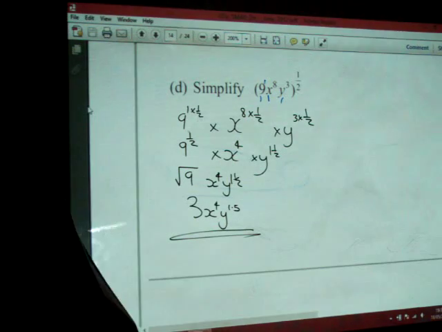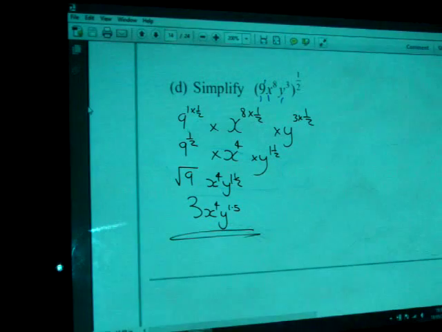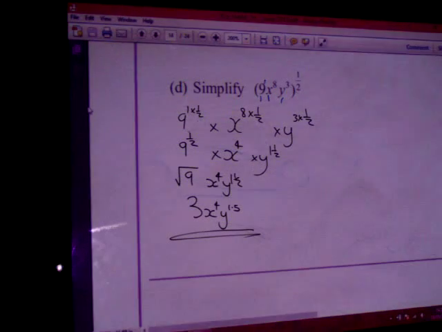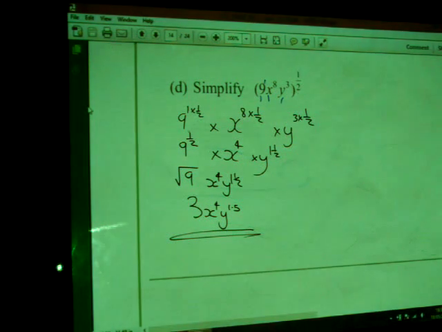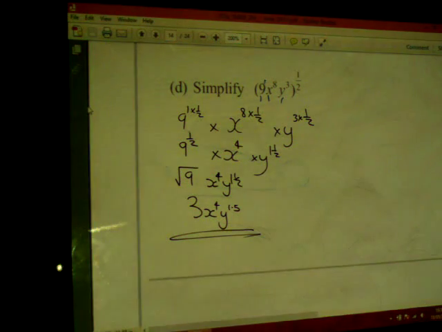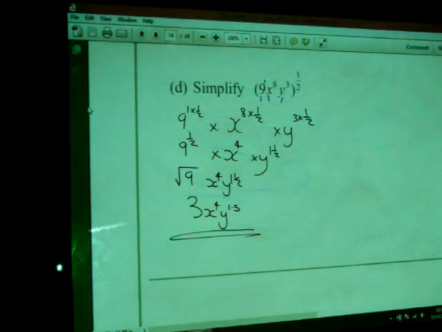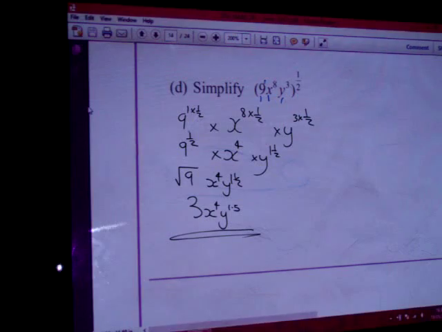You can put it also as a decimal as well. That is also acceptable as an answer. Okay.